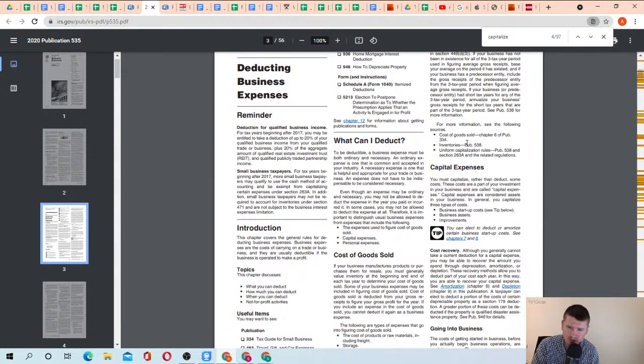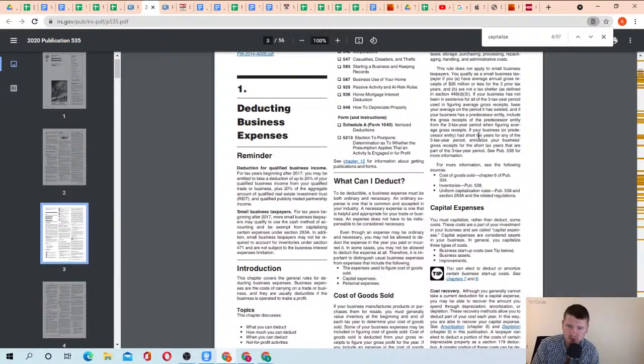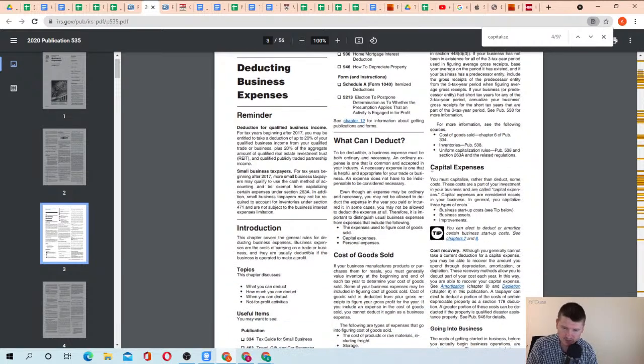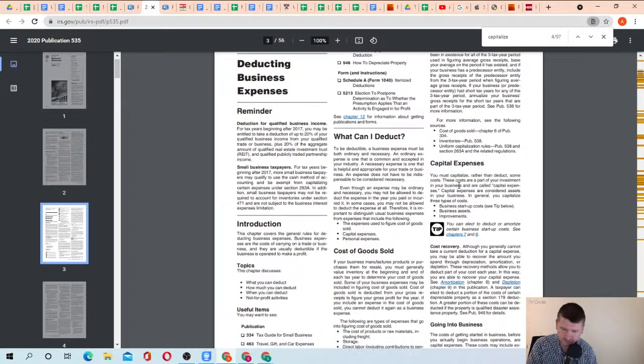And there is also a uniform capitalization rule, which talks about inventories. We will work further on that in some time, but let's find out the treatment. So basically from that paragraph, we can conclude that when we buy a business asset, we must capitalize that.